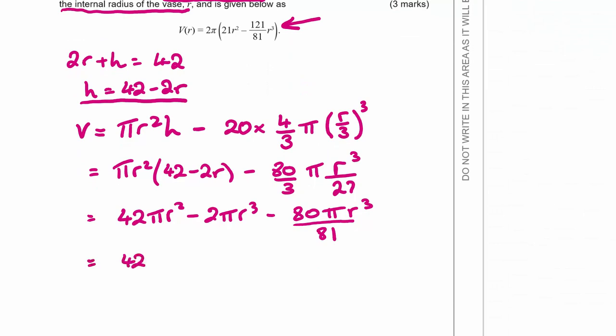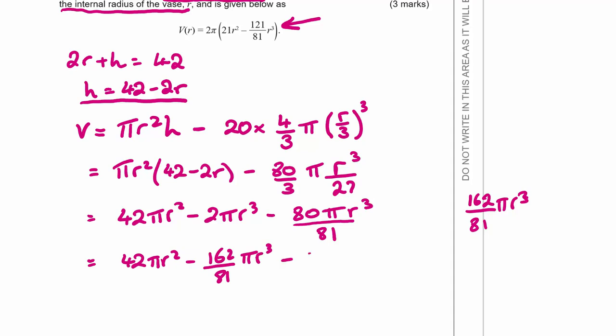So that's 42 pi r squared. Now 2 pi r cubed would be 162 over 81 pi r cubed.